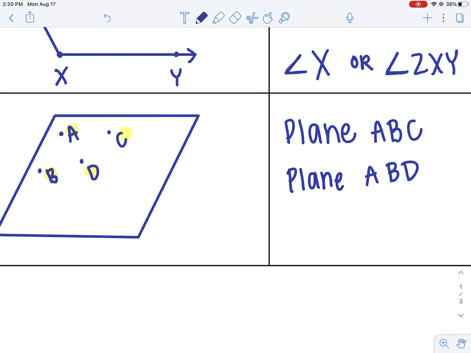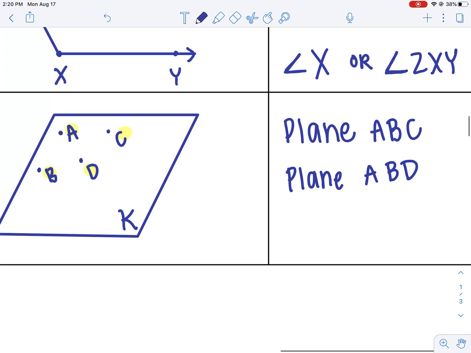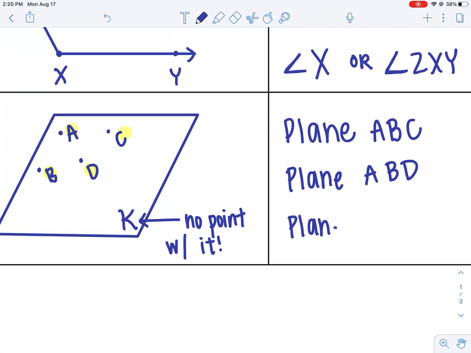Sometimes on planes, you'll see a letter in the corner, and it won't have a dot next to it, so it won't be a point, but you'll see like this italicized K or J. That's another way that you could name it. If you have a letter like that with no point with it, that means that is the name of the plane. So I can call this plane K if I wanted to.